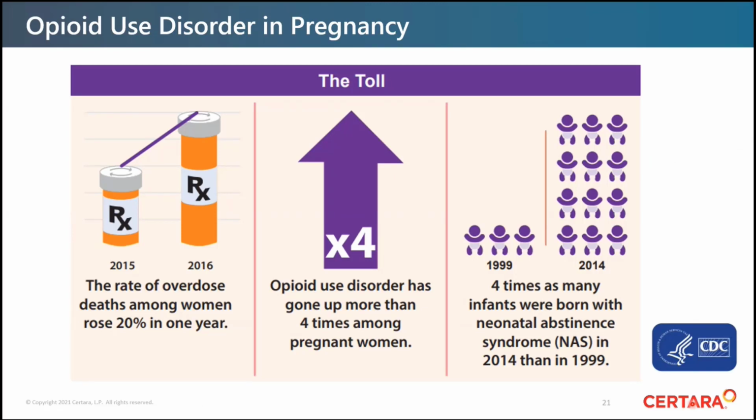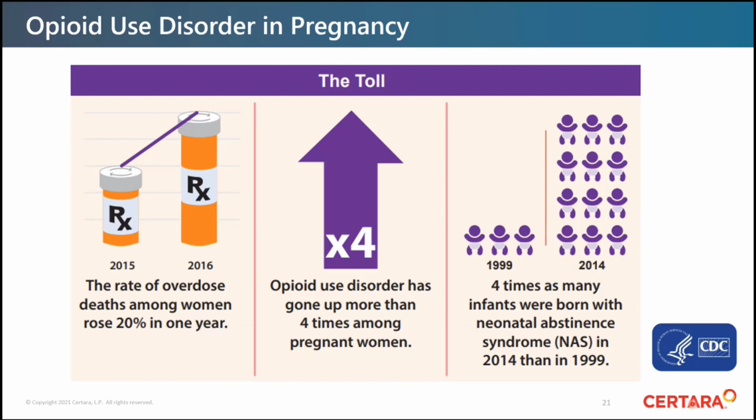So the second example I have is in the setting of opioid use disorder in pregnancy. Here in the US, the rate of overdose deaths among women rose 20% between 2015 and 2016, and it continues to rise.